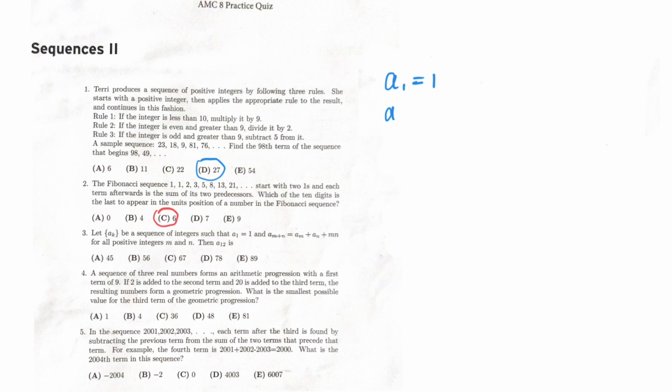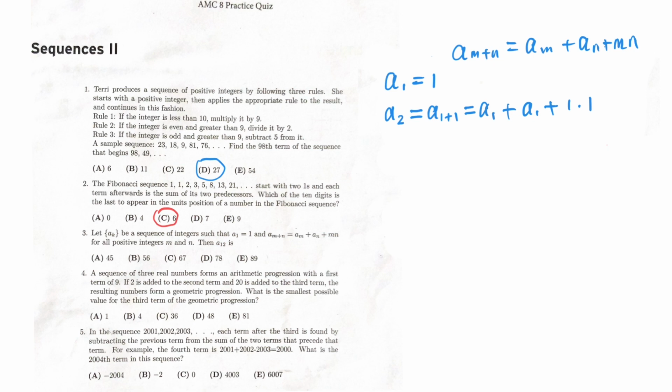a_2 we write as a_(1+1), that will be a_1 plus a_1 plus 1 times 1, because the formula they gave us is a_(m+n) equals a_m plus a_n plus mn.